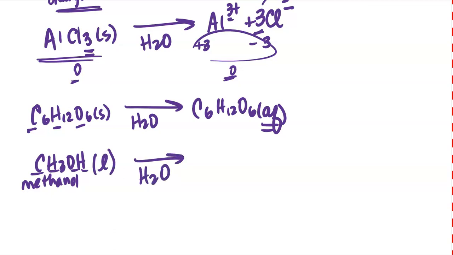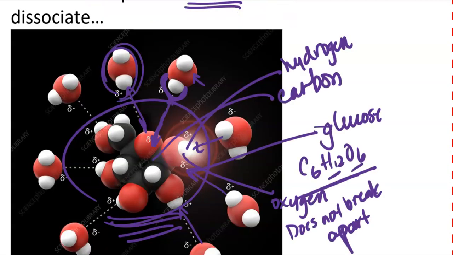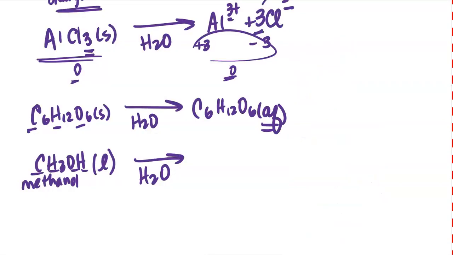I can put methanol in water, and I'll still get that attraction between water molecules and regions of the methanol molecule to create an aqueous solution. But once again, I shouldn't expect ions since this is a covalent compound. And so as a result, I would just repeat the formula and write in the aqueous symbol within the parentheses.